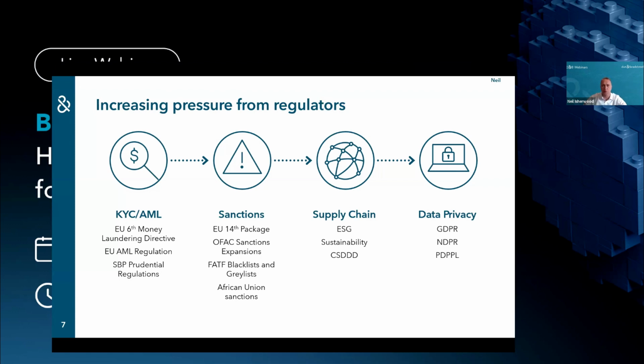So these changes were brought in to ensure a much more harmonized approach across the whole EU. And this package also saw the creation of a new European super regulator, AMLA, or the Anti-Money Laundering Authority, and they will directly supervise around 40 of Europe's largest multinational financial institutions.